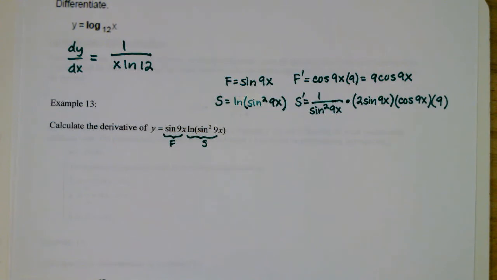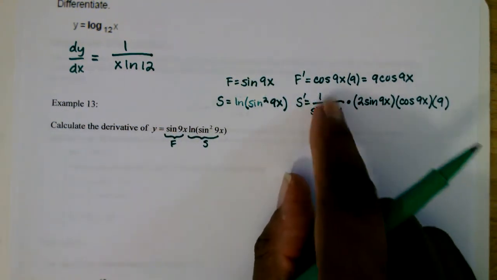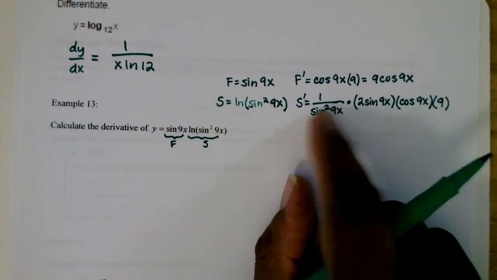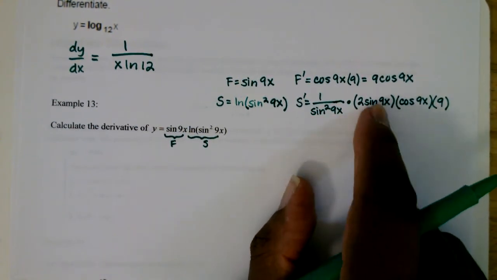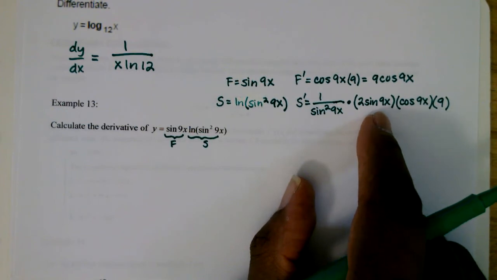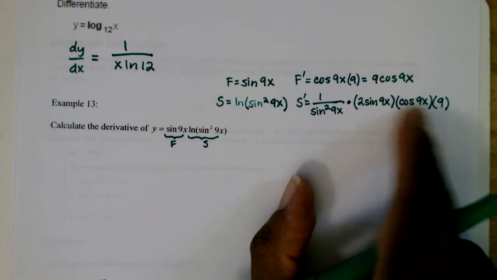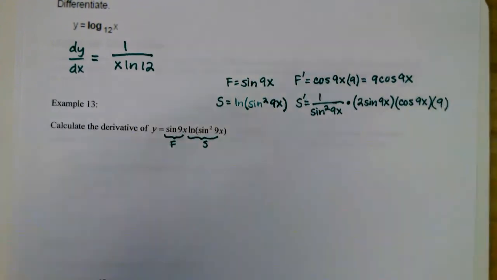For that, we had to apply that chain rule 3 times, because you have to do 1 over this and then take its inside derivative, which is going to be 2 sine of 9x. Then you have to take the derivative of sine of 9x, which is the cosine of 9x. And then you have to take the derivative of 9x, which ends up being 9.